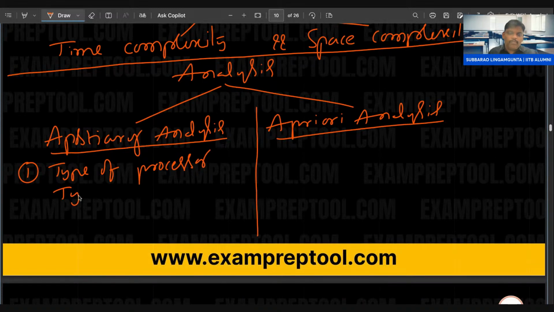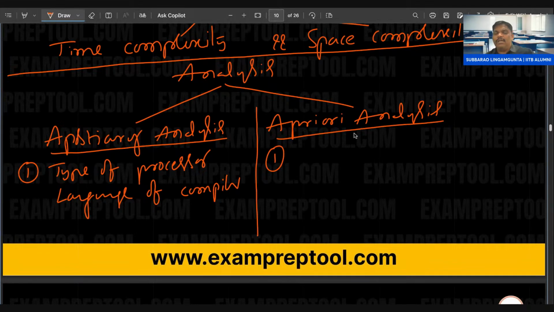Next one, the type of compiler or language of compiler. But in the case of the priori analysis, real things are not involved.